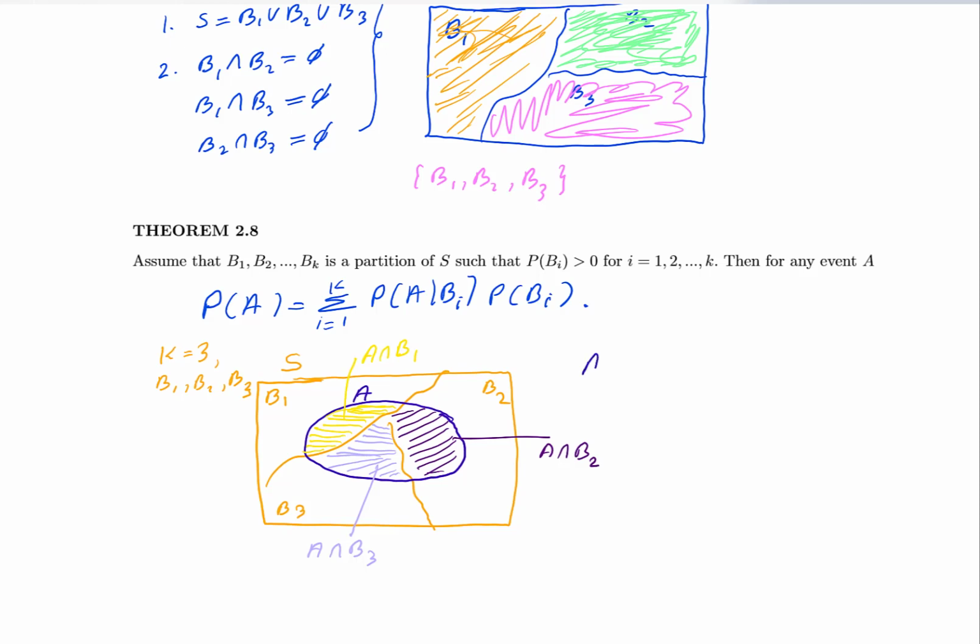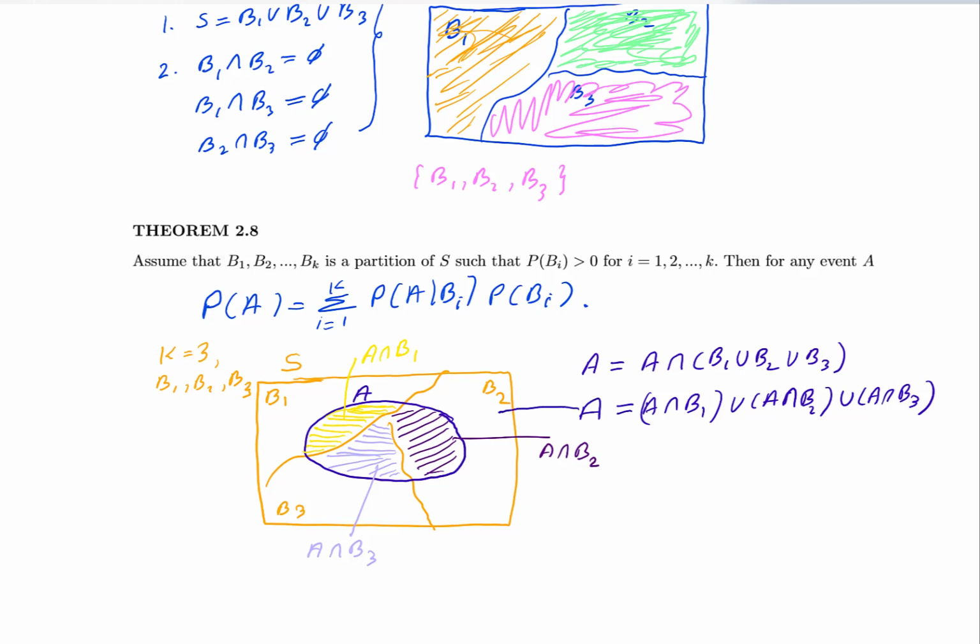Now we can write down the set A equals A intersection B1 union B2 union B3. And we can use the distributive law: A intersection B1 union A intersection B2 union A intersection B3, right? So actually you can write this using this diagram.